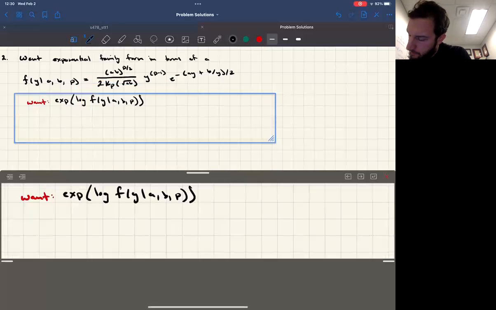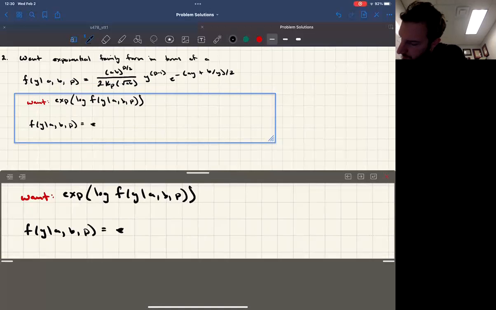Okay, so this is going to give us the following. f of y given A, B, P is equal to the exponent of, and now we're just going to start applying log rules.